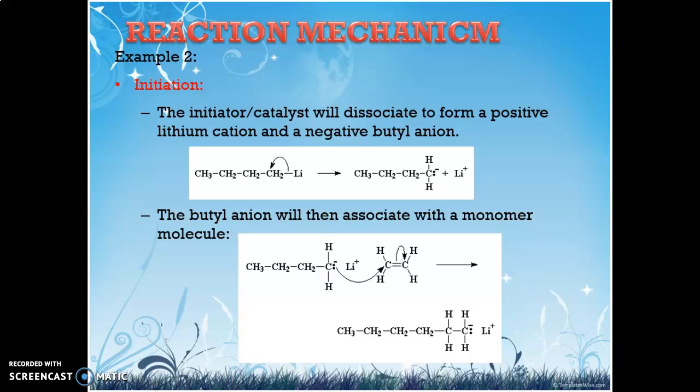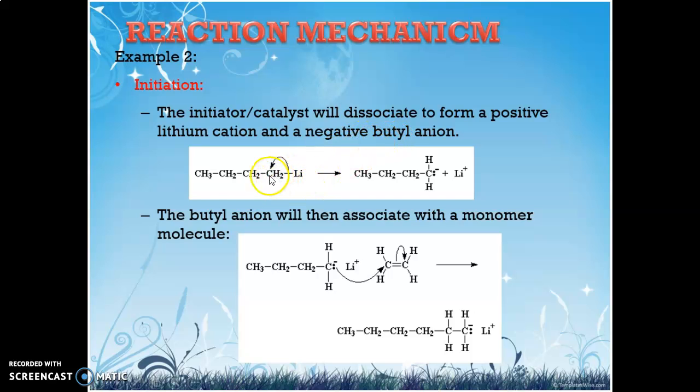Okay, look at the second example, starting with the initiation, which is dissociation and association. So just like in free radical polymerization, initiation is also divided into dissociation and association. Dissociation involves the formation of a lithium cation and a negative butyl anion.